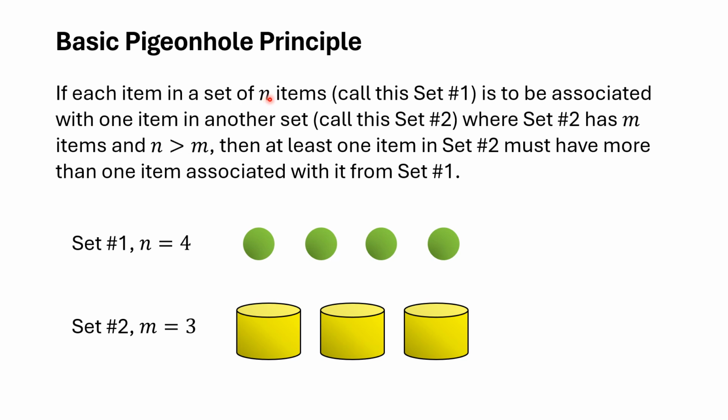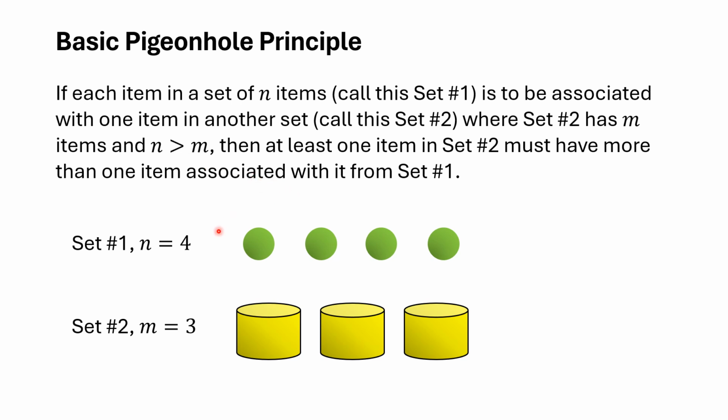There's no difference between them, and you want to associate each item in set 1 with exactly one item in set 2, which has m items, and where n is greater than m. And if that's the case, then at least one of the items in set 2 must have more than one item from set 1 associated with it.